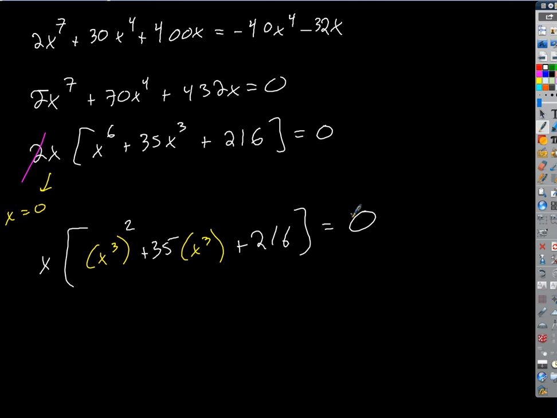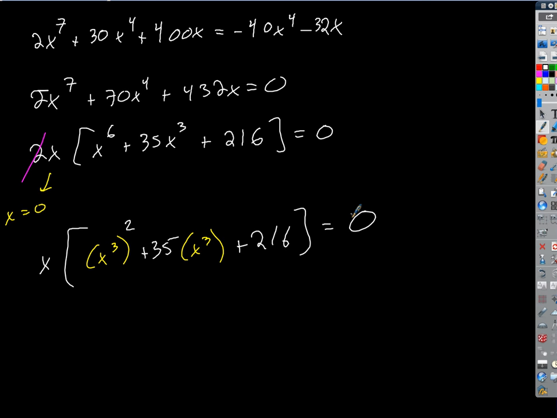Wow. We see that? Okay, so if we take it in the right size pieces, it is quadratic. And so we can follow all the same rules we did before. It doesn't matter that that's an x cubed. I just have something squared plus 35 times something plus 216.